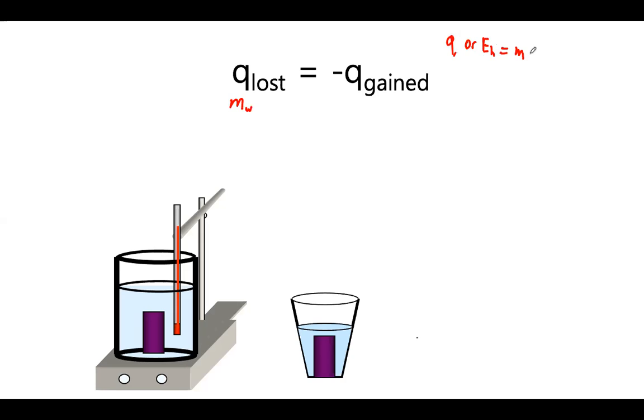For the heat capacity equation, we want to find the heat energy. So we said it would be mass times C times change in temperature. You remember this from last week? Yes, sir.